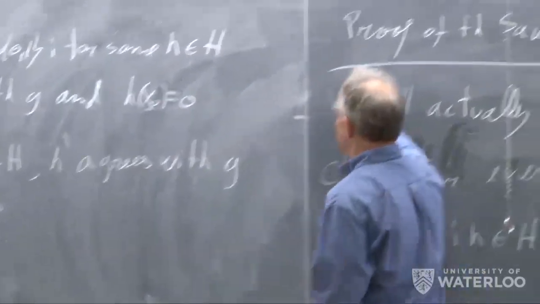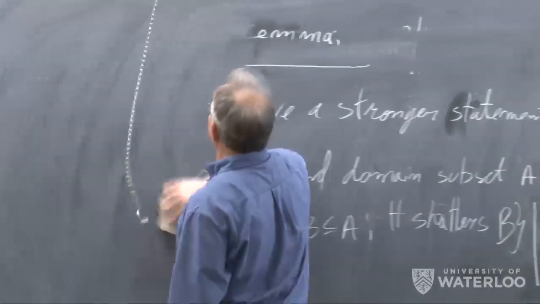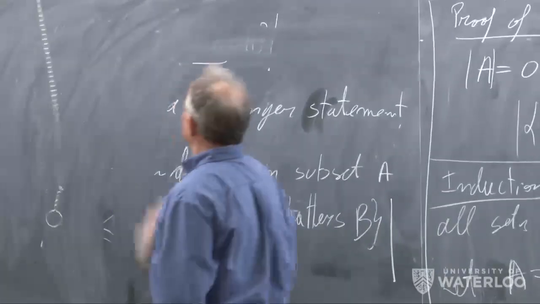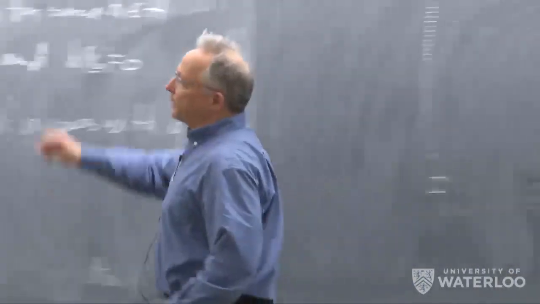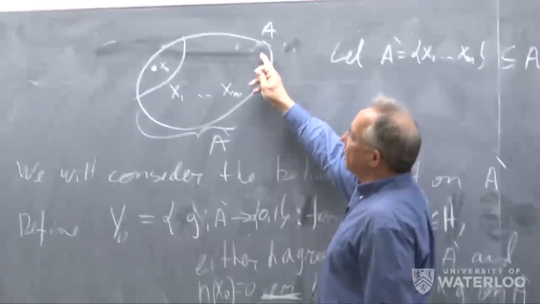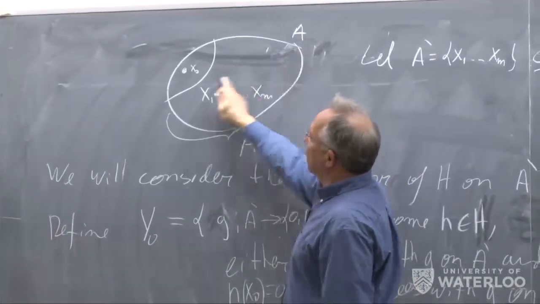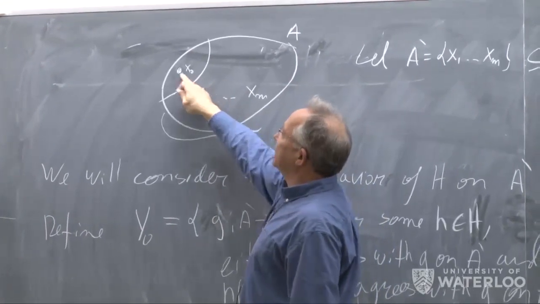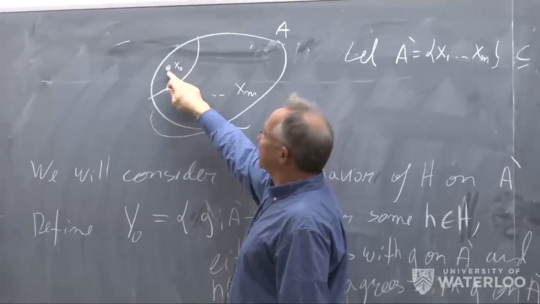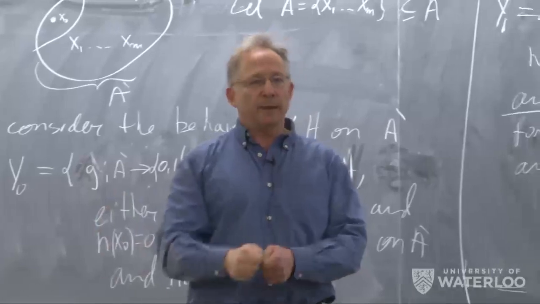So this Y1 is the set of all functions on A prime that can be extended to a 0 here and can also be extended to a 1. So to have both extensions, I can extend it to a 0 and extend it to a 1.